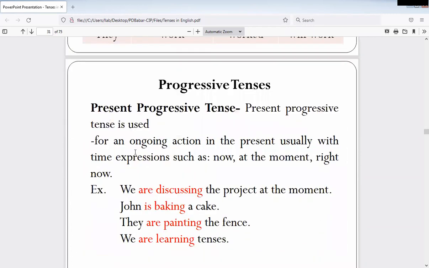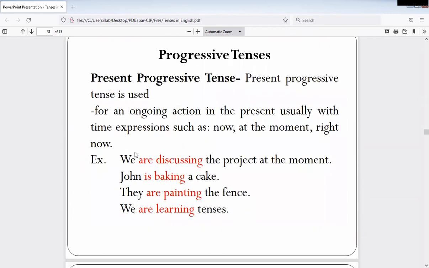Let's start with the progressive tenses. So what's the meaning of progressive tenses? Progressive, we can mean it as continuous.